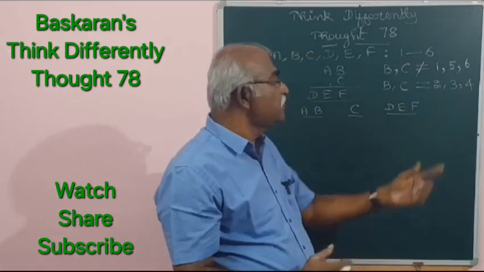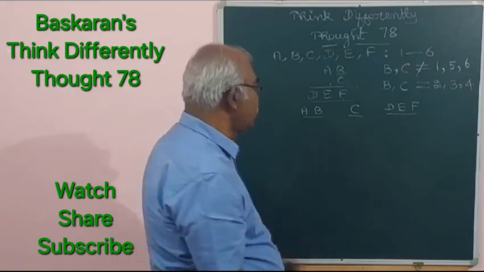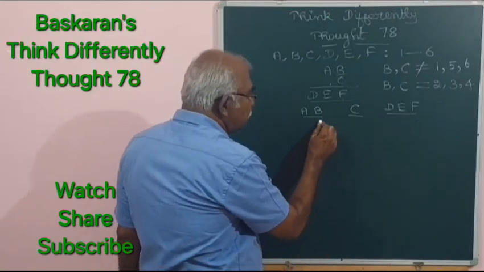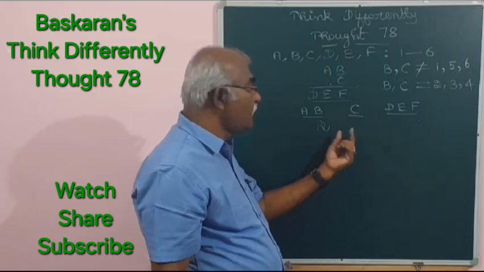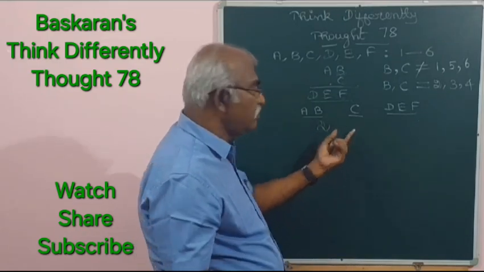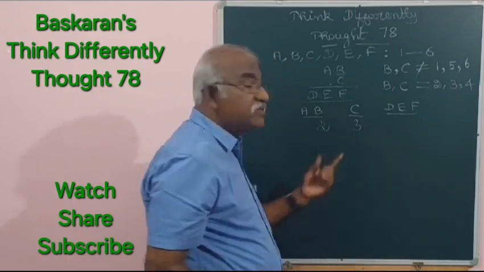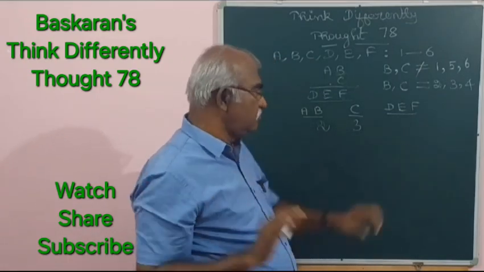And from these 3 numbers, which combinations will work out? That we will see. Suppose B is 2. What can be C? C cannot be 2. C can be 3. And C cannot be 4 also, because 4 into 2 will end with 8.